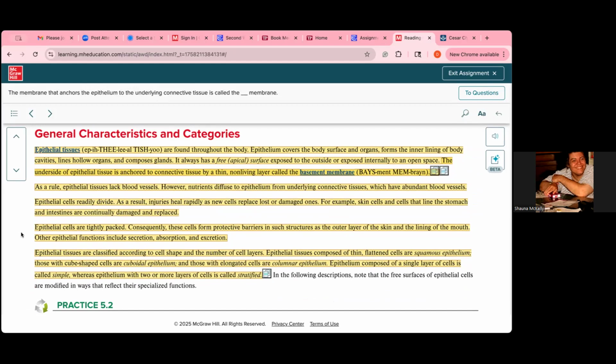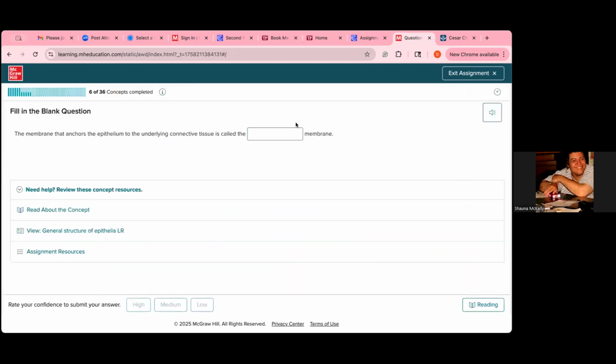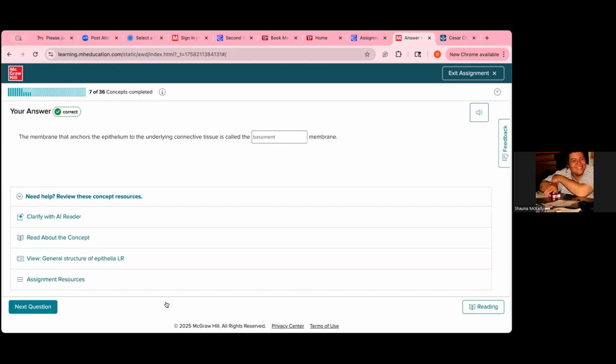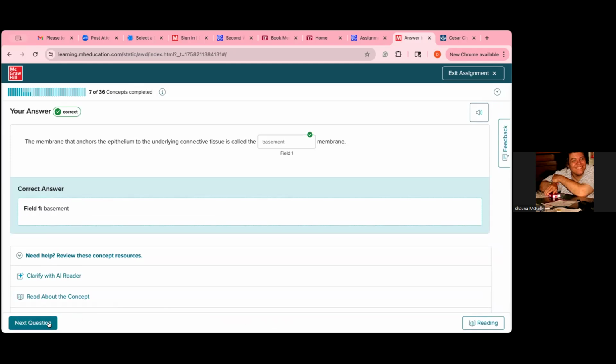Basement membrane. Good job. All right, cool.